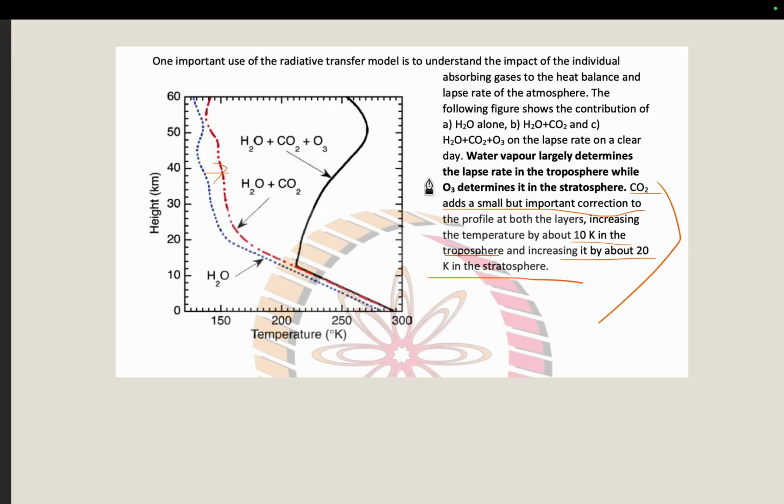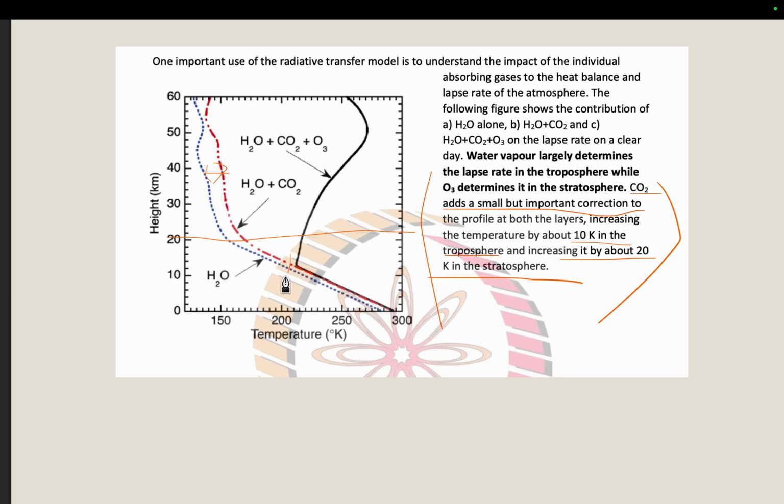So in both these lower layers, the troposphere and the stratosphere, carbon dioxide is responsible for increasing temperature. In the troposphere it increases temperature by 10 Kelvin. You can see by the red line, it is closer to the H2O line, but in the stratosphere you can see the shift is more.